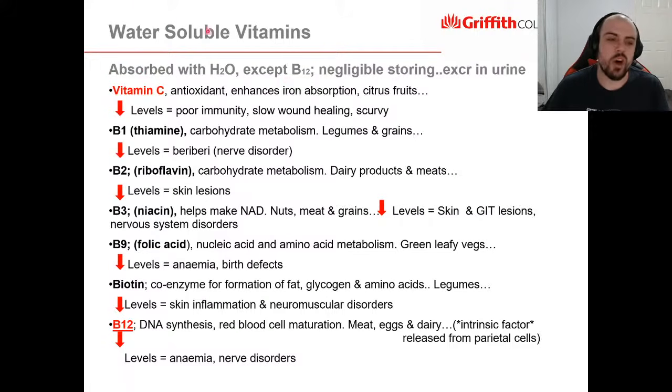Now, our water-soluble vitamins, which we obviously have a lot more of. Look, I'm not going to go too in depth here with our water and fat-soluble vitamins.